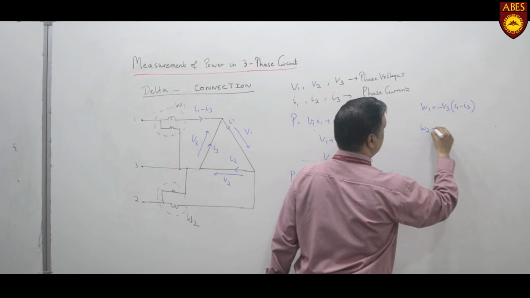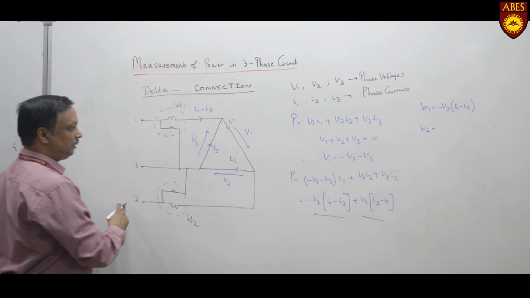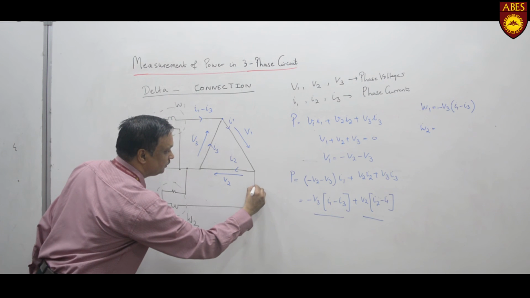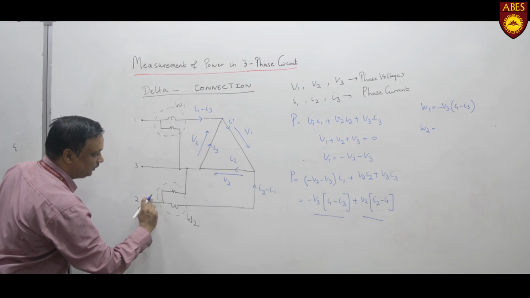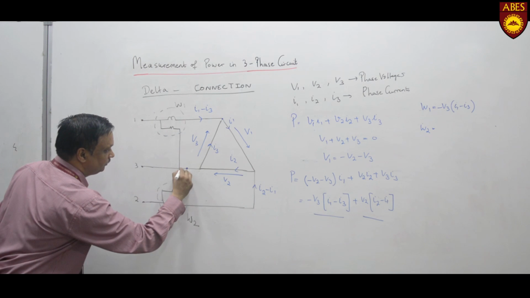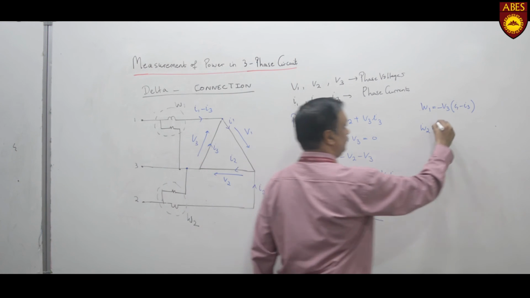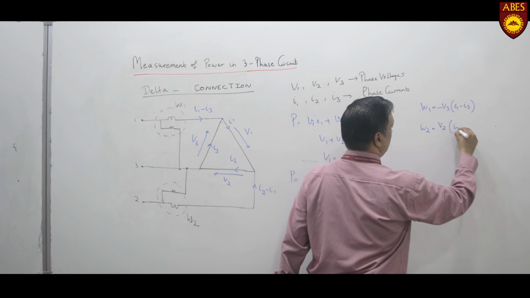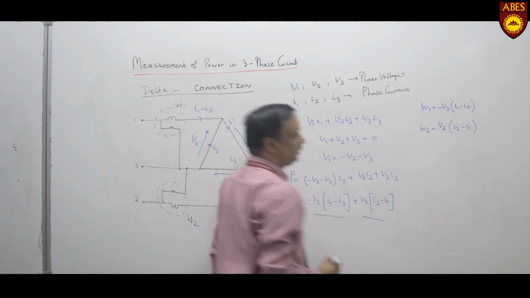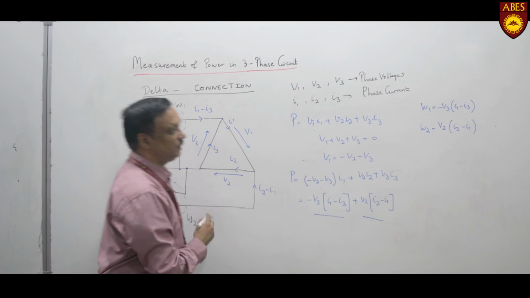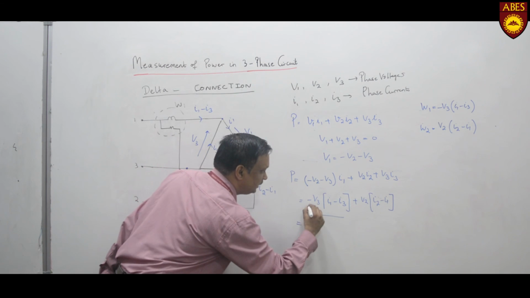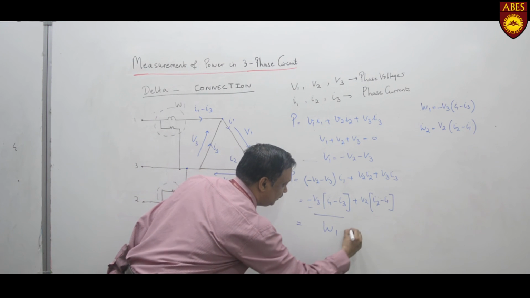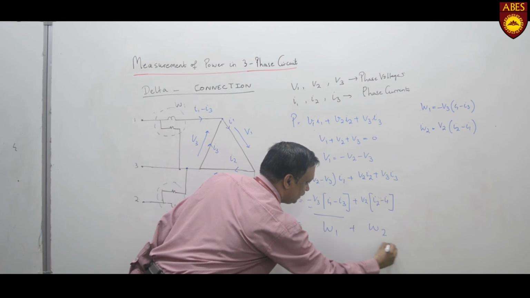Similarly for W2, the current flowing in the wattmeter is I2 minus I1 and the voltage across the wattmeter is V2, so it becomes V2 times I2 minus I1. Now comparing the results of W1 and W2 with the given equation of instantaneous power, we find that the first term is W1 and the second term is W2.